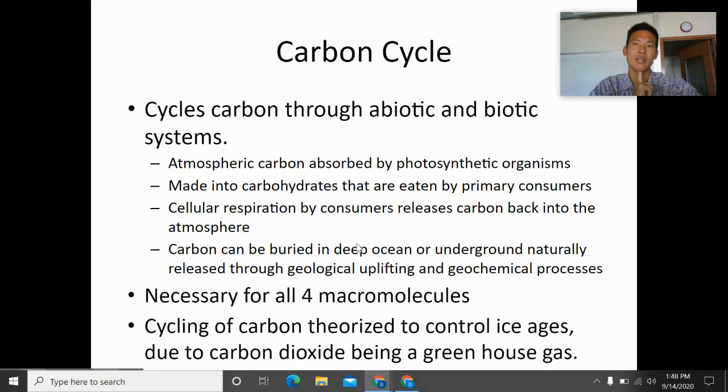The warming periods and the ice ages are controlled by the amount of carbon either in the atmosphere as carbon dioxide or buried deep underground as your fossil fuels. Let's go over the picture and I'll go more in depth about this.